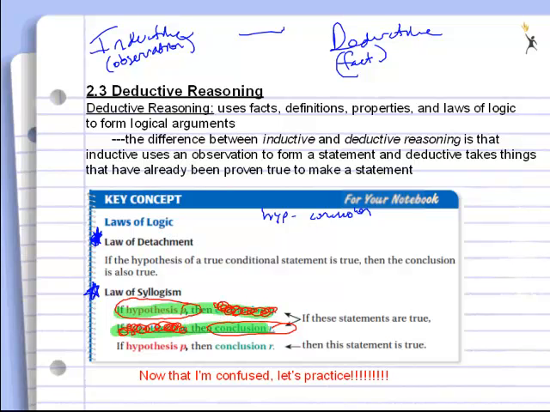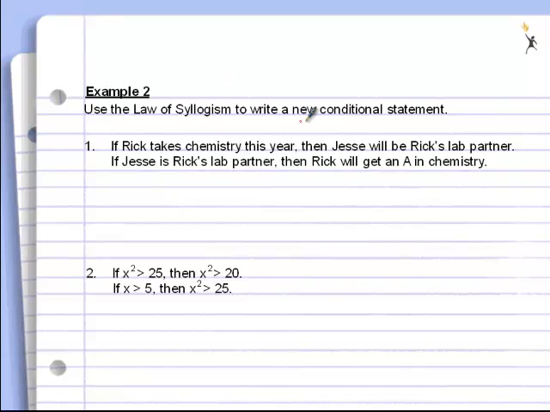Let's actually just jump right in and practice a couple. We're going to use the law of syllogism. If Rick takes chemistry this year, then Jesse will be Rick's lab partner. If Jesse is Rick's lab partner, then Rick will get an A in chemistry. After we read those two statements, let's actually write them out.